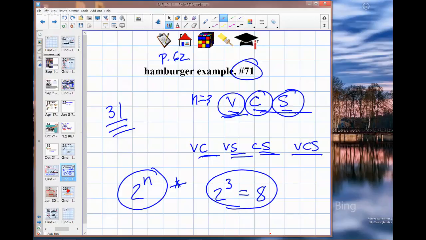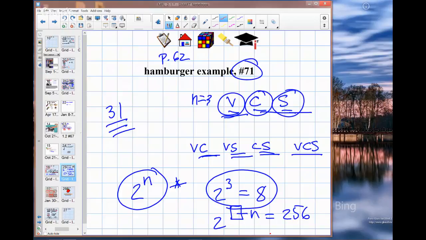In number 71, they talk about hamburgers. The same deal. They say, all right, we have these toppings: ketchup, mustard, onions, pickles. You could make up your own. How many toppings would you need to have 256 hamburgers? Well, you'd need 2 to some power, 2 to the n, to equal 256.